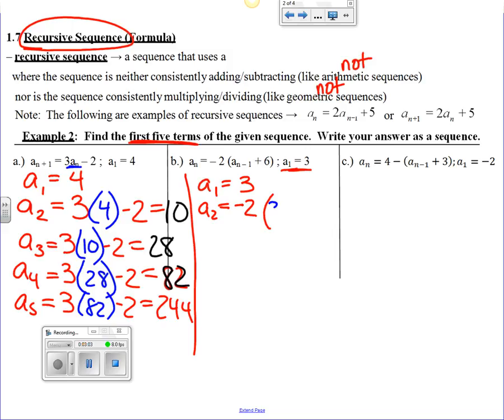It's whatever they gave you. And then plus 6 also goes inside. Type it in your calculator, or if you're doing it in your head, remember parentheses come first. 3 plus 6 is 9, times negative 2, negative 18.